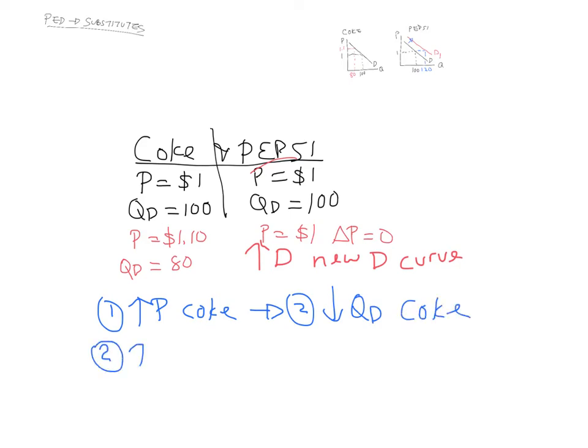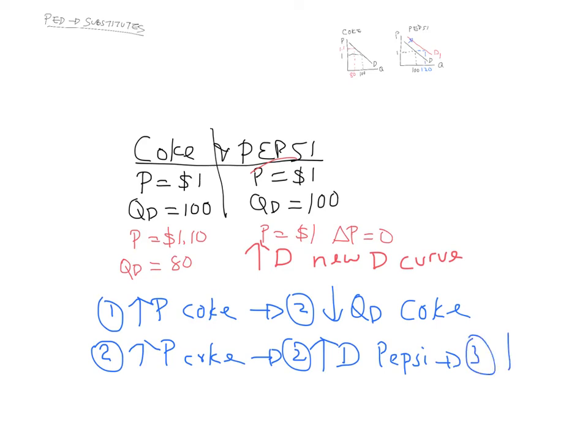But the increase in the price of Coke has led to an increase in the demand. Notice this is quantity demanded, this is demand, in the demand of Pepsi, which ultimately leads to an increase in the quantity demanded of Pepsi.